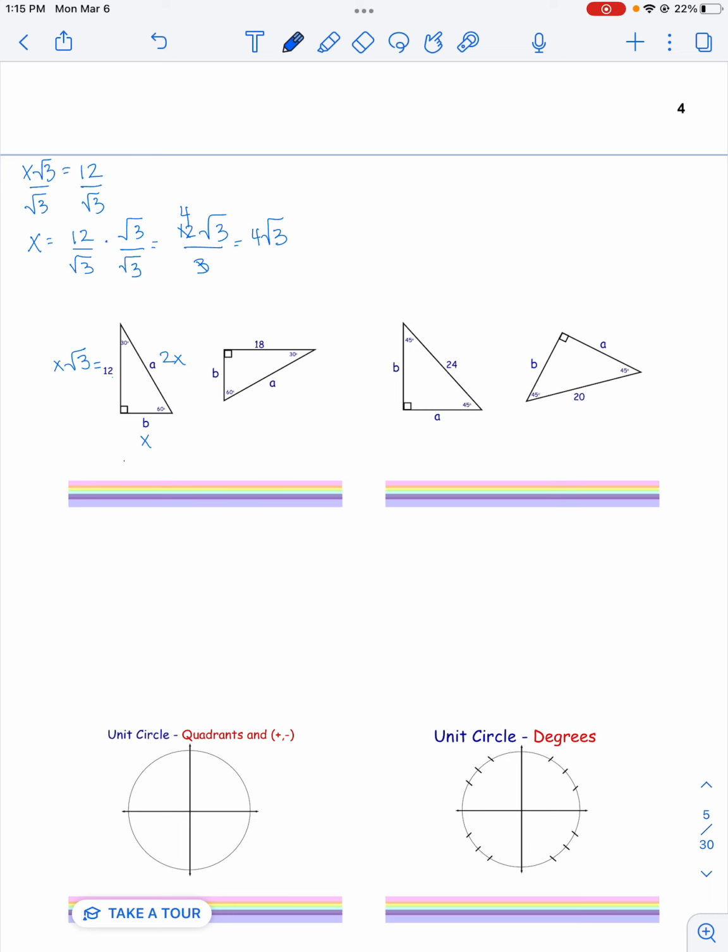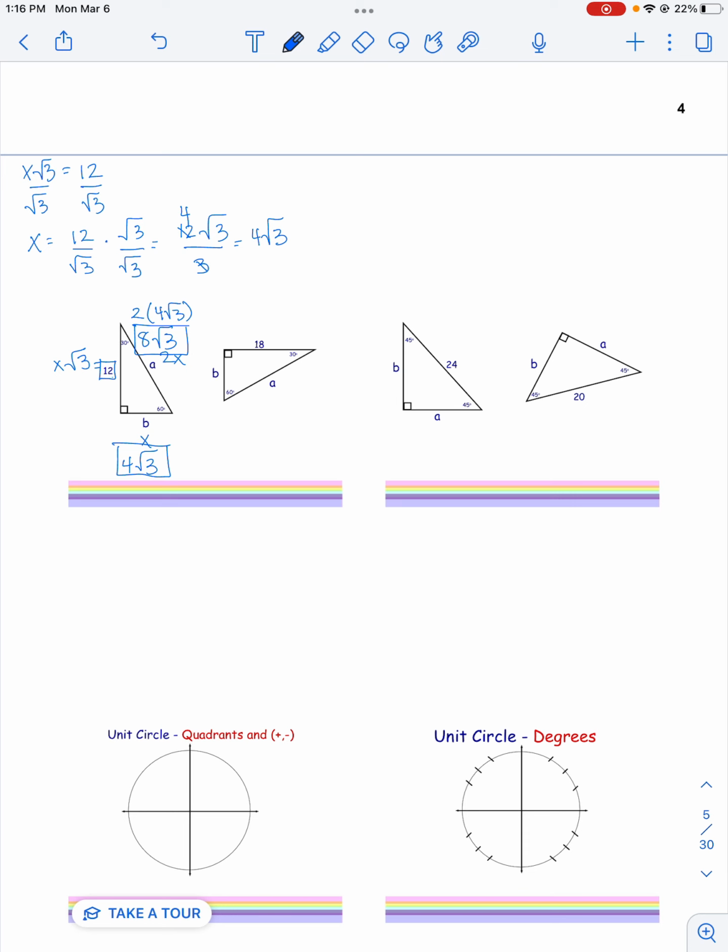That means that side B opposite 30 is equal to 4 square root of 3. Side A is 2 times 4 square root of 3, so that's equal to 8 square root of 3. And the side opposite 60 is equal to 12. So I've found all three sides of this special right triangle.